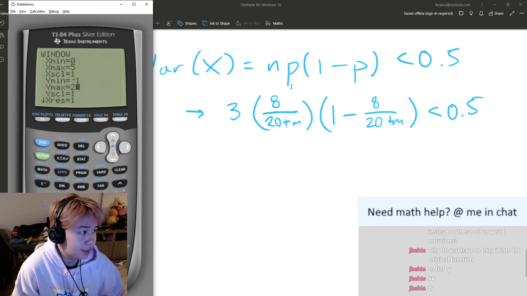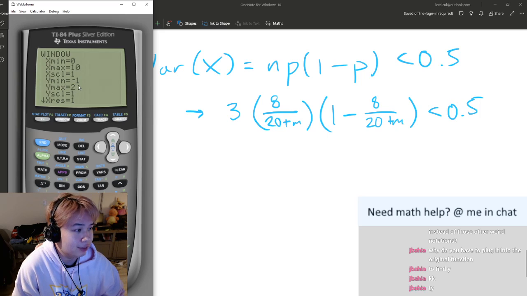So x represents m, which is the number of marbles. So I'm gonna say that there's maybe 10 marbles. And then the y value is the variance. So you can see it's 0.5, so I don't need a crazy y window. So it's just from -1 to 2.